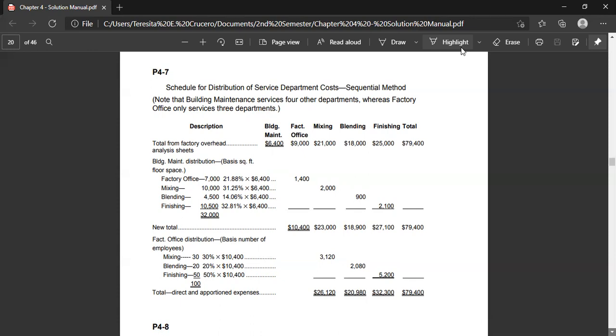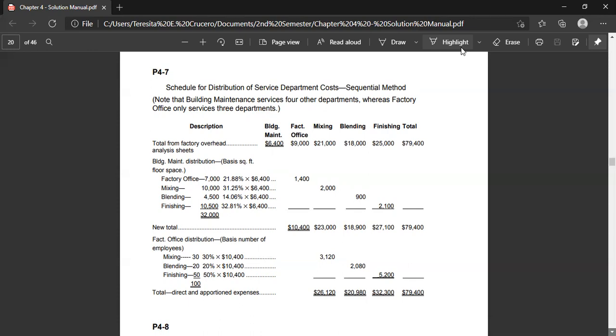So we now get the distribution of the factory office of 10,400. We are going to distribute this to the three departments. So all in all, we are distributing here 10,400. So what are now the costs that remain with the mixing, blending, and finishing?